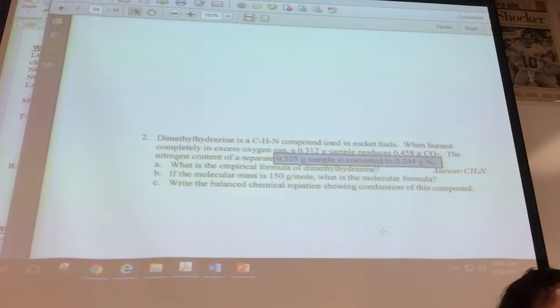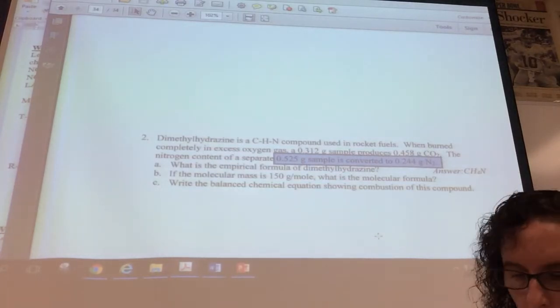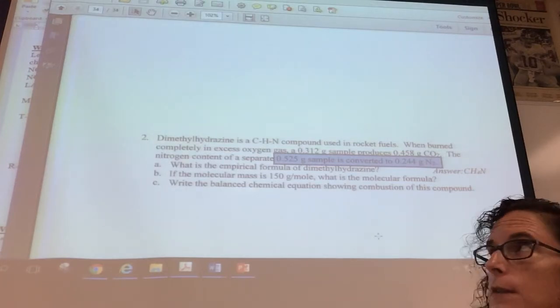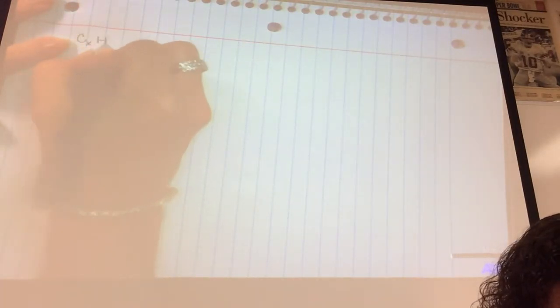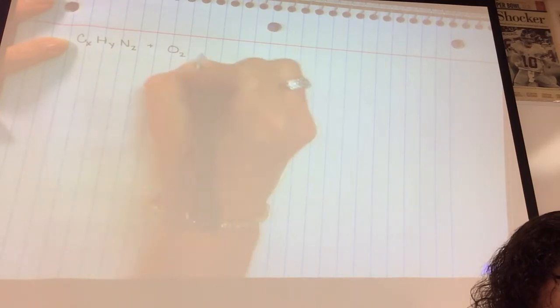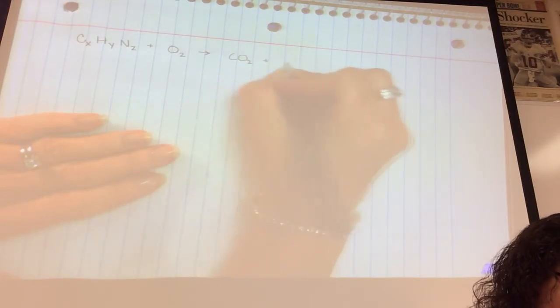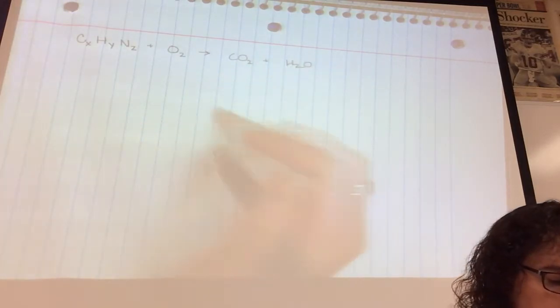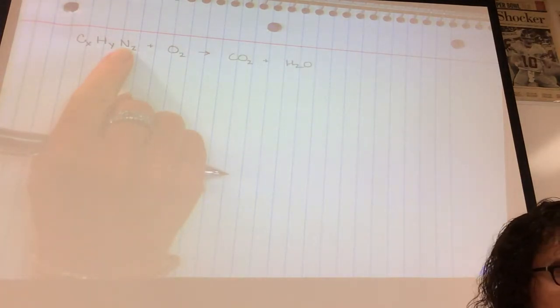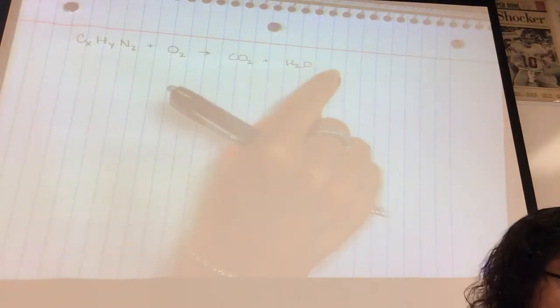You have two samples. Let's be very meticulous in our setup, and you'll see that this one is also very straightforward to solve. So again, we've got our skeleton, if you will, CX, HY, NZ, plus O2. Again, you're going to get CO2, water, products of a combustion reaction, but because you have a nitrogen derivative of that hydrocarbon, you're going to have a nitrogen containing product.